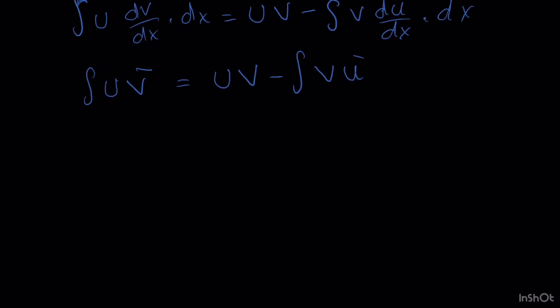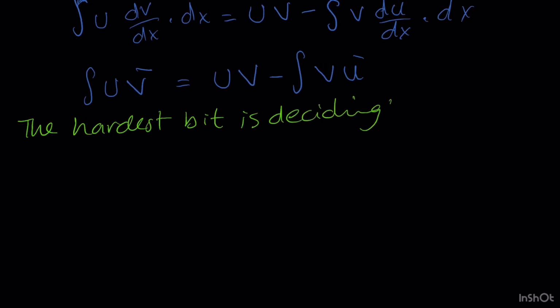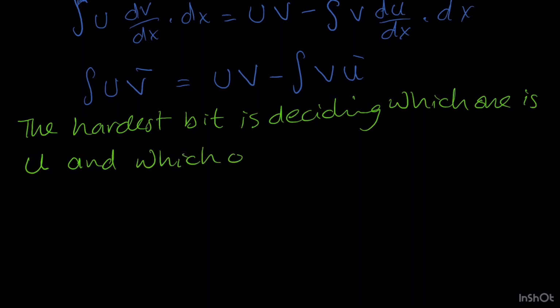The hardest bit is deciding which one is u and which one is dv over dx.